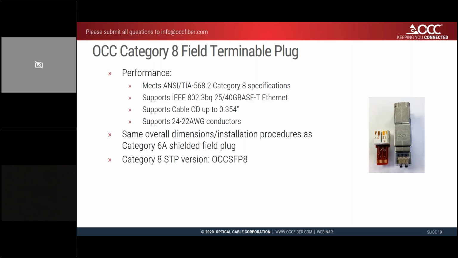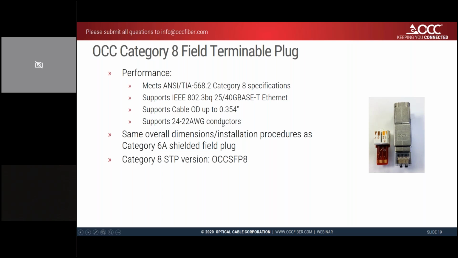And OCC also sells a Category 8 field terminable plug, and these meet all the requirements for Category 8 and 568.2, and they will support 40GBASE-T Ethernet, 802.3bq. Supports the cable OD of 0.354 inches and conductors of 24 to 22 gauge.